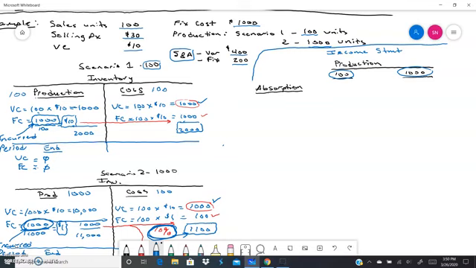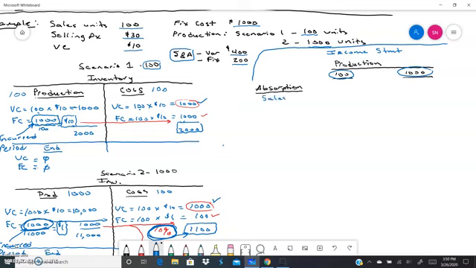So first of all, for absorption, this is our standard GAAP income statement, multi-step income statement version. So I'm going to have sales.